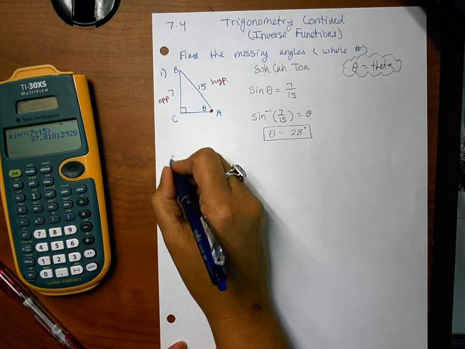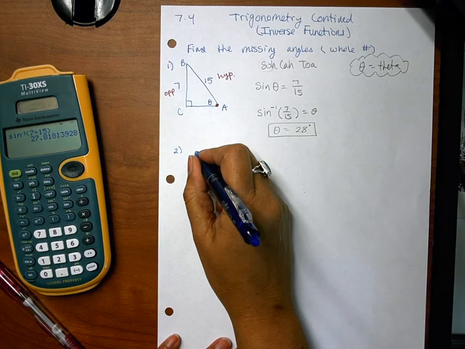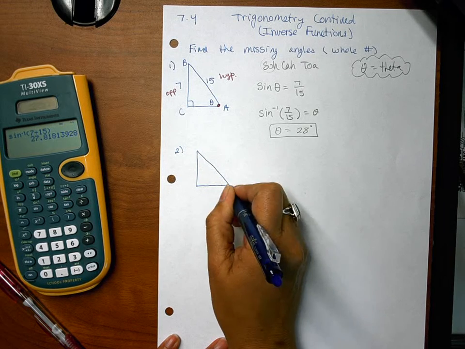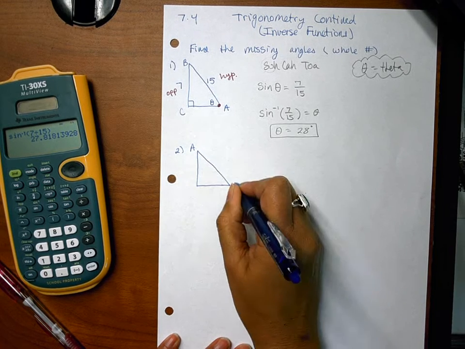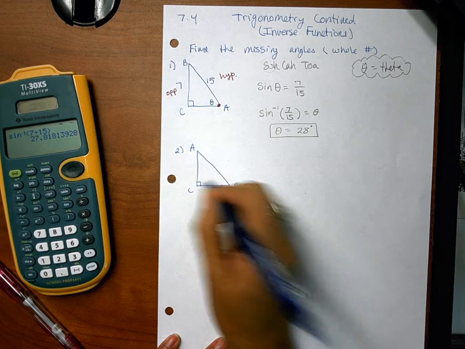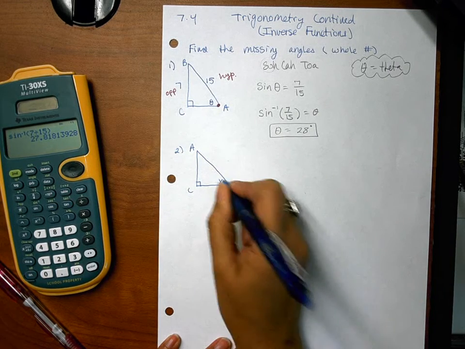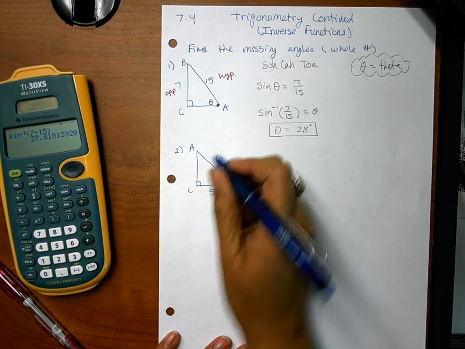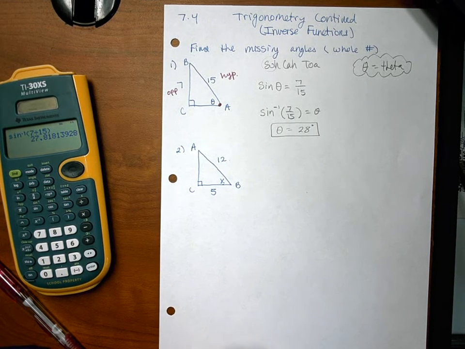Okay, let's try another. Number 2. A, B, C. And this time I'm going to call the angle X. Again, it doesn't matter. I'm going to call this side 5, that side 12. And we do the same thing we've done before.